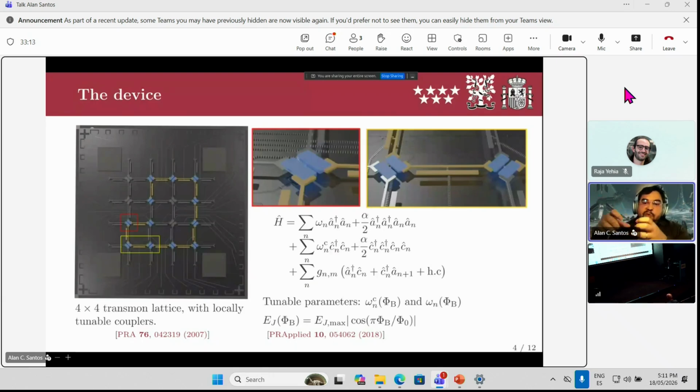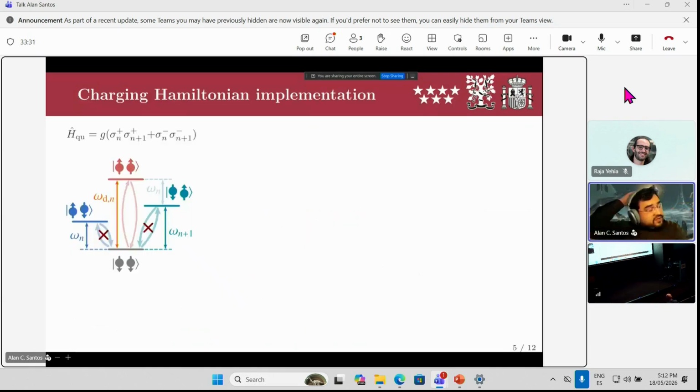Okay, so we can connect two transmon qubits using a kind of transmon coupler. And with this transmon coupler, through an external driving flux, we can turn off and turn on interactions between the qubits in the system. Okay? So the kind of Hamiltonian we try to engineer is a kind of flop-flop Hamiltonian.